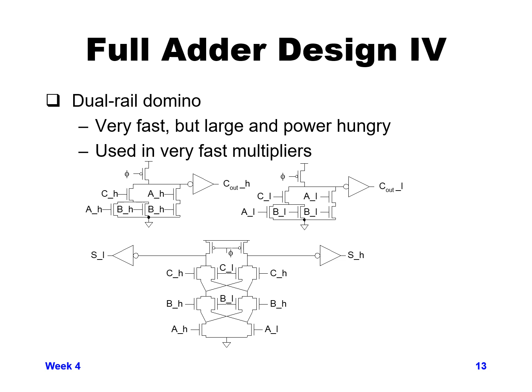This is the last full adder design that we're going to talk about at the moment. This fourth design here is what's called dual rail domino. Domino we'll talk about in more detail in a future week, but just to summarize, domino can be very fast, but it tends to be very power hungry. Usually at this point in generations of process technology, the power hungry part is the more significant one.